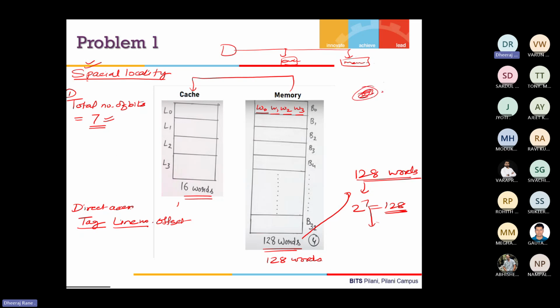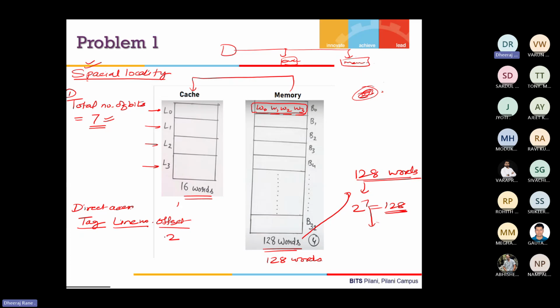But what in terms of cache, right? 4 lines are there within the cache. So how many bits will I require in case I need to refer to 4 lines? Obviously 2. So line number is sorted, or we can go the other way around as well. Because there are 4 words within a block, to refer to 4 words, again I'll need 2 bits.